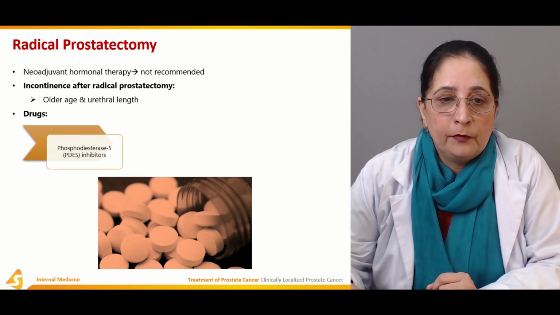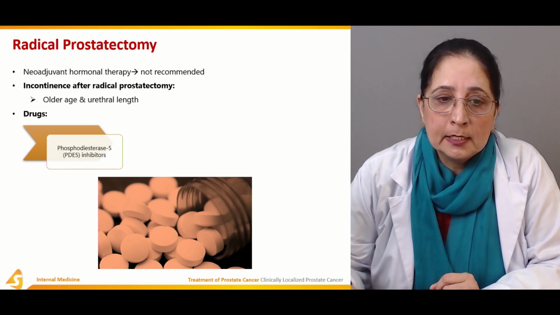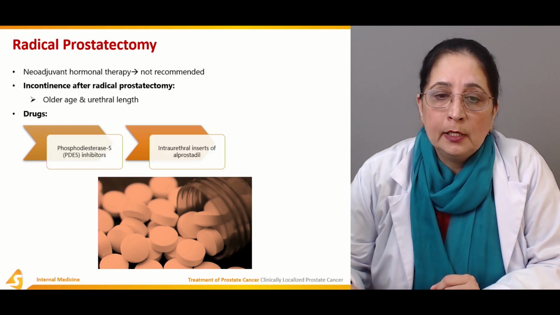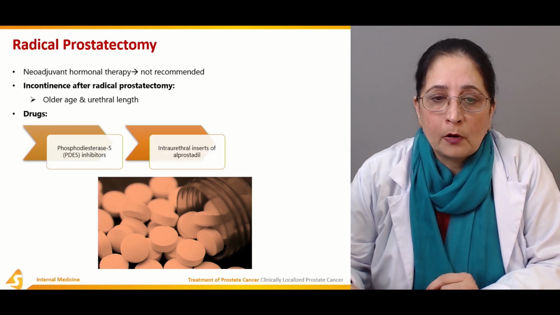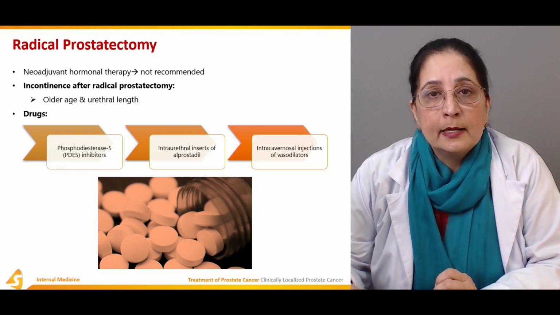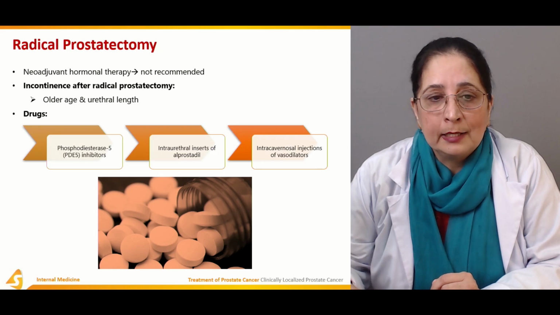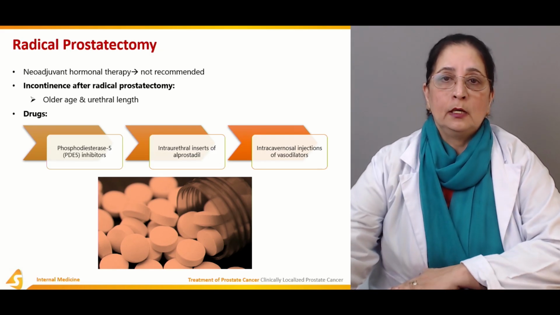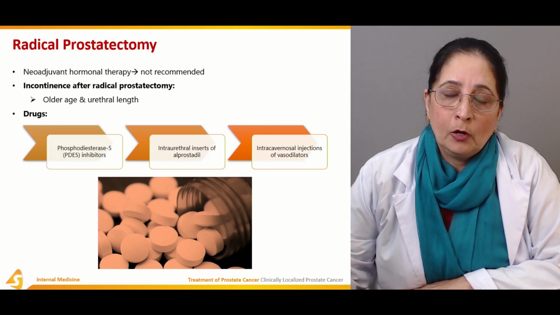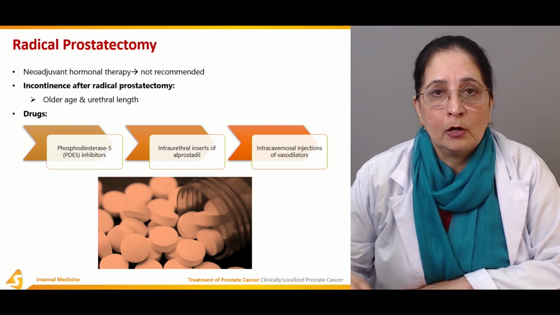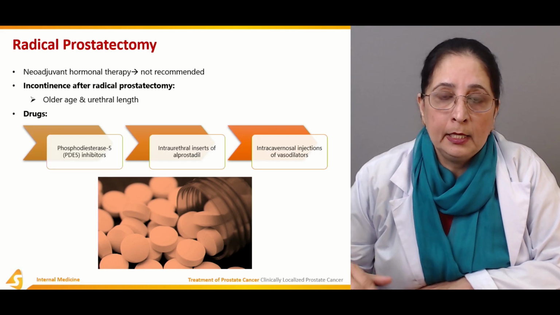Drugs like phosphodiesterase 5 inhibitors, intraurethral inserts of alprostadil, and intracavernosal injection of vasodilators can be used. So neoadjuvant hormonal therapy is not recommended along with radical prostatectomy.